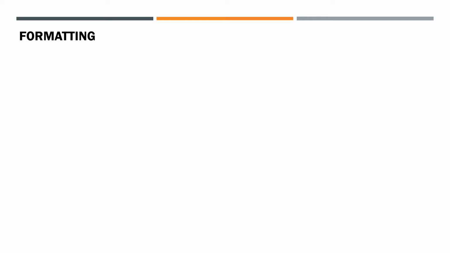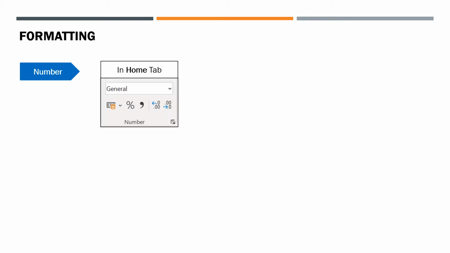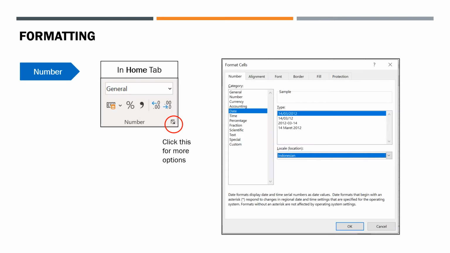In order to format your Excel appearance, you can use the formatting menu. For number formatting, you can go to the Home tab and choose General, and you click this one, the arrow pointing to the corner. Just click this one, and Format Cells will appear, and you just choose which one you are going to format.